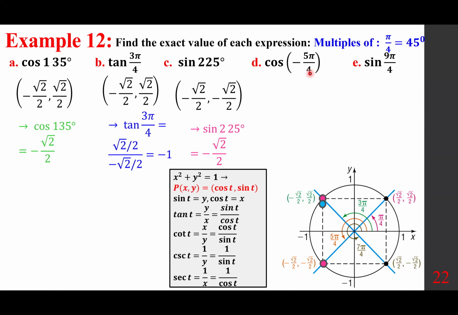Cosine of negative 5 pi over 4. So from here, you want to go in the negative direction, and you end up again here with these coordinates. Cosine is the x coordinate, minus square root of 2 over 2.